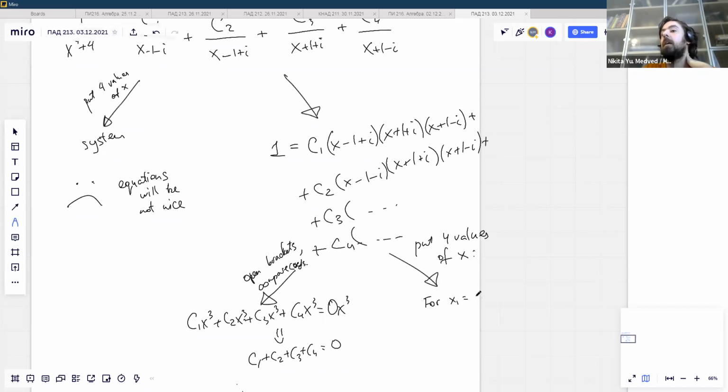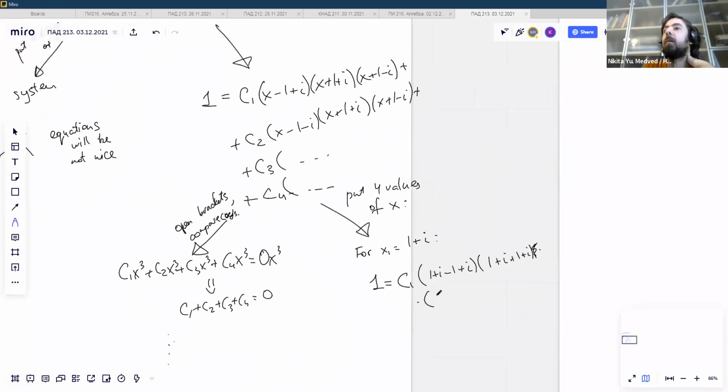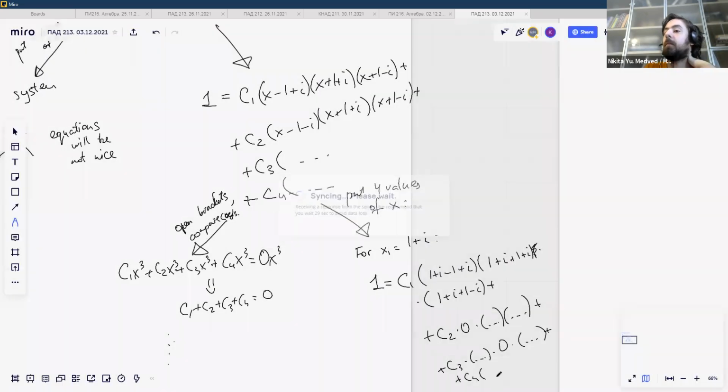For x equals 1 plus i, we get 1 equals c1 times (1 plus i minus 1 plus i) times (1 plus i plus 1 plus i) times (1 plus i plus 1 minus i), plus c2 multiplied by 0 by something, plus c3 multiplied by something by 0 by something, and plus c4 multiplied by, again, lots of somethings, but with 0.